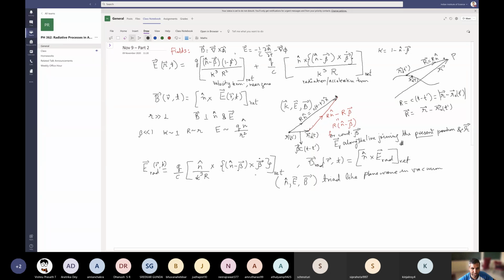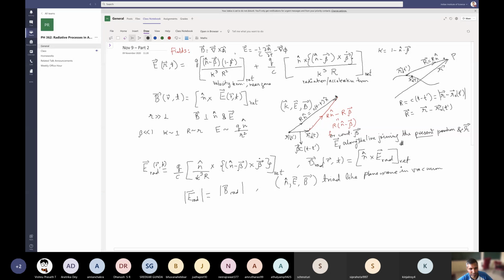And the other thing is the absolute value, right? If you take E rad, this is equal to B rad, because n hat, E, and B are perpendicular to each other. So if you take absolute value, it's just absolute value of B is equal to absolute value of E. Just like this is also consistent with the solution of plane waves in vacuum.